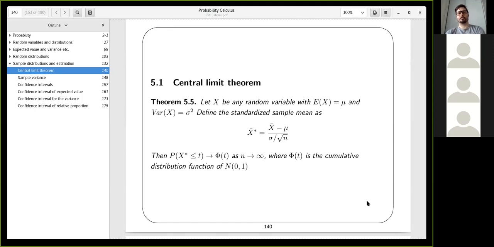So we subtract from that the expected value and divide by the standard deviation divided by the square root of n, where n is the sample size. Then we get what is called the standardized sample mean. And it turns out that the standardized sample mean approaches in its distribution the 0-1 normal distribution.